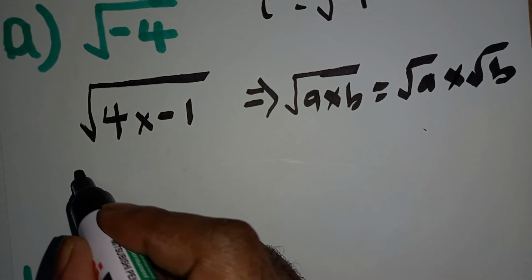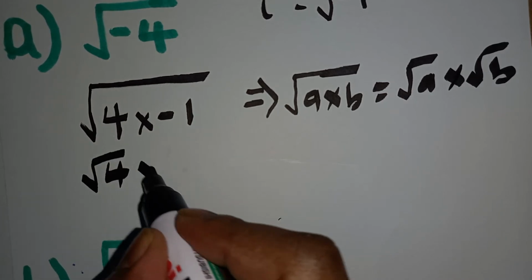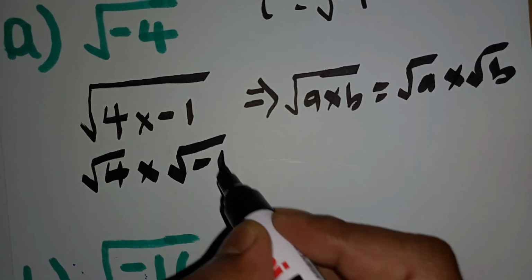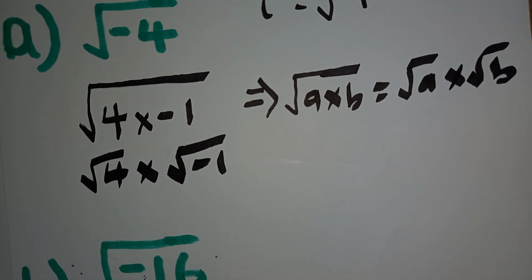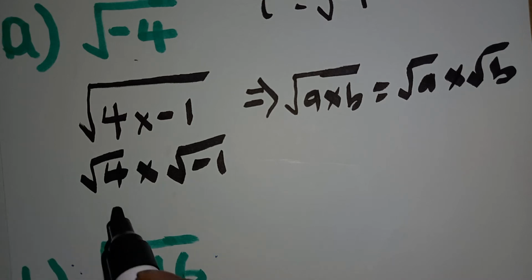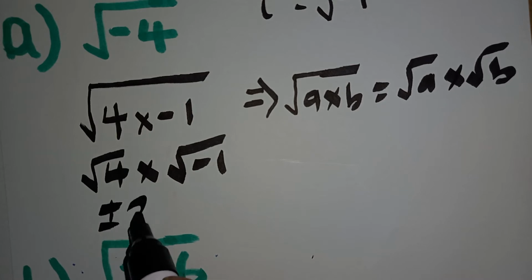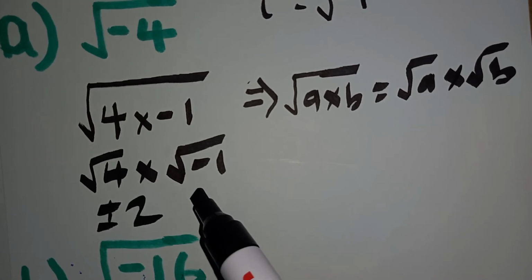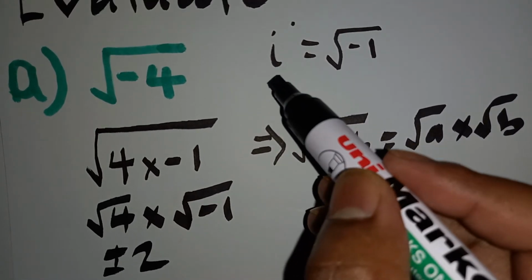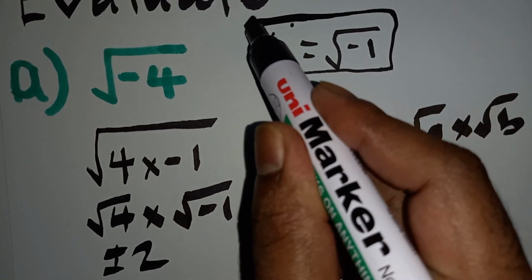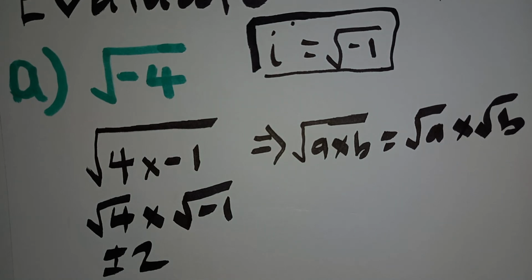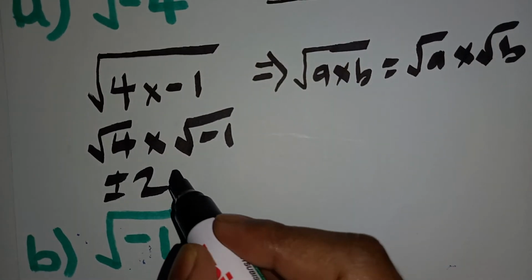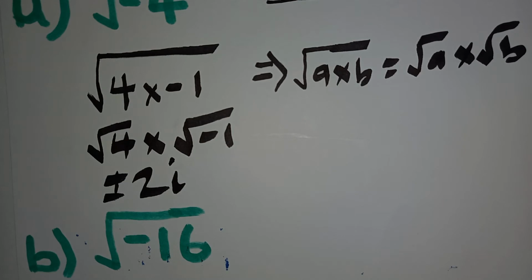That means square root of 4 times the square root of negative 1. Now square root of positive 4 is possible. We know square root of 4 is plus and minus 2, and the square root of negative 1, we can use this logic here. Square root of negative 1 is i, so our answer here will be 2i.